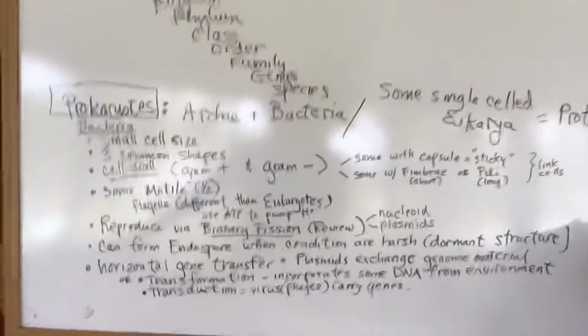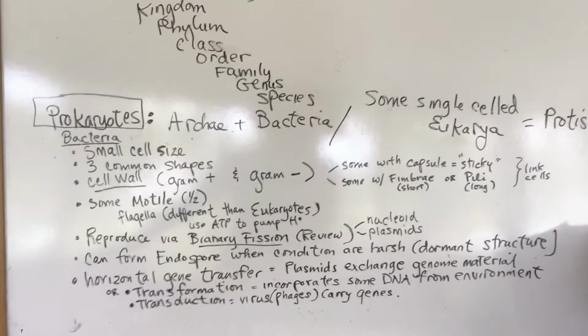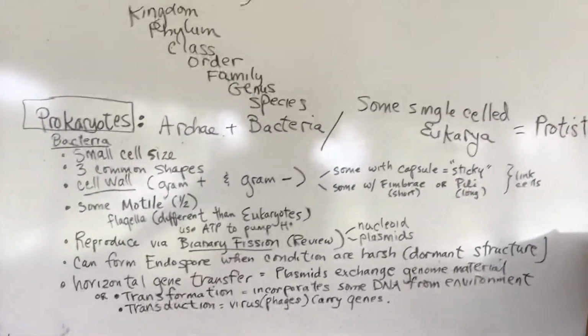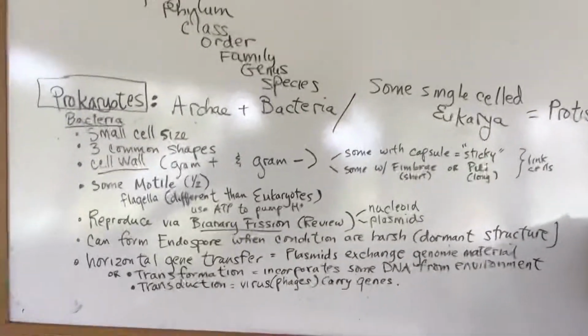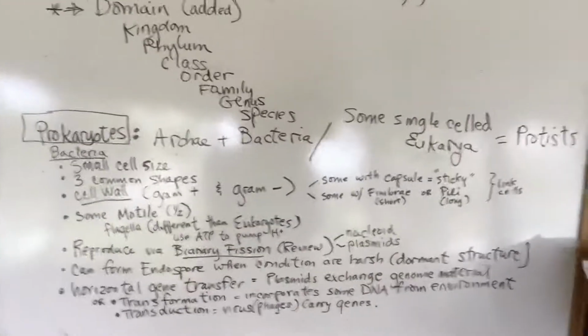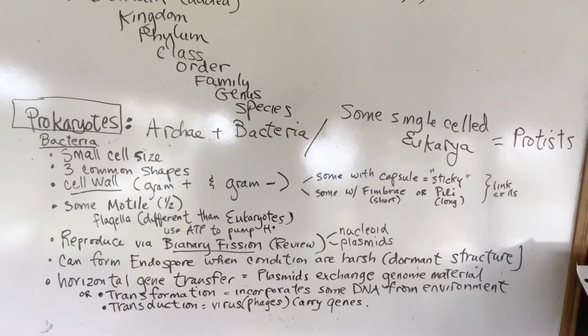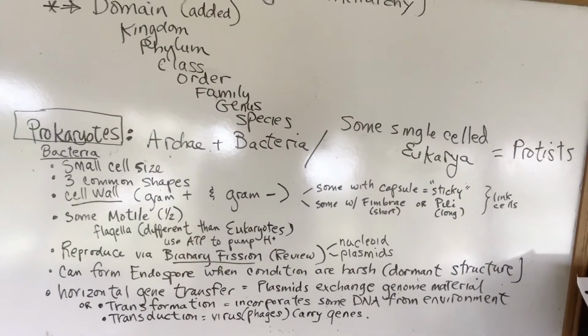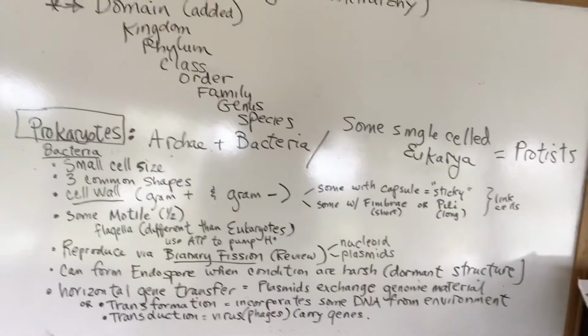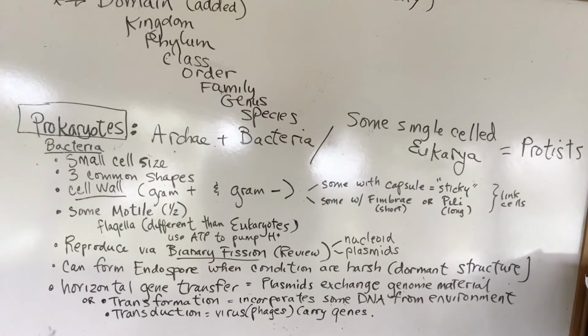And they also can do something called transformation. This is where they incorporate some DNA from the environment. So random pieces of DNA that might have gotten broken down from the digestion of an organism or something like that could be taken up. And they might also do something called transduction.